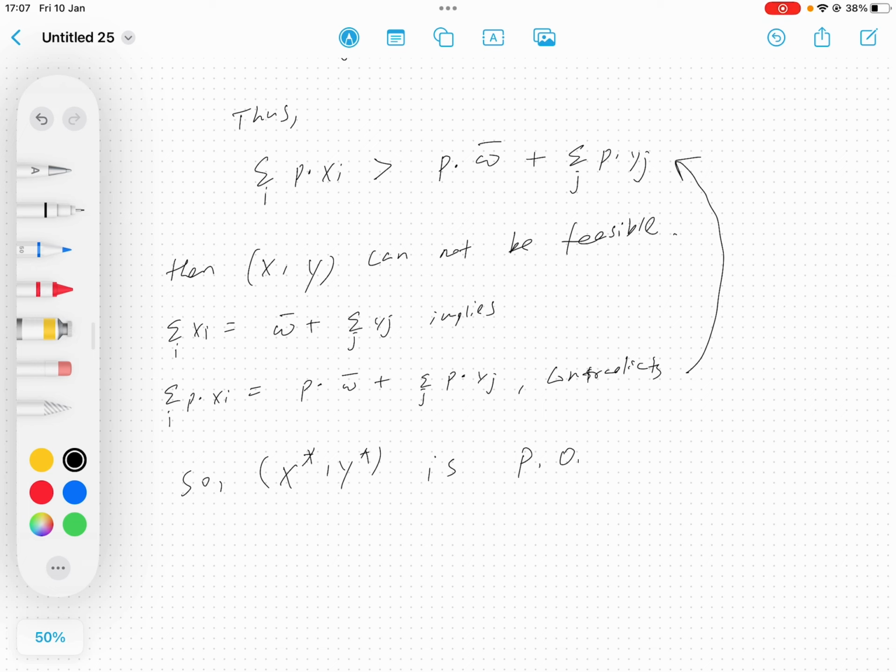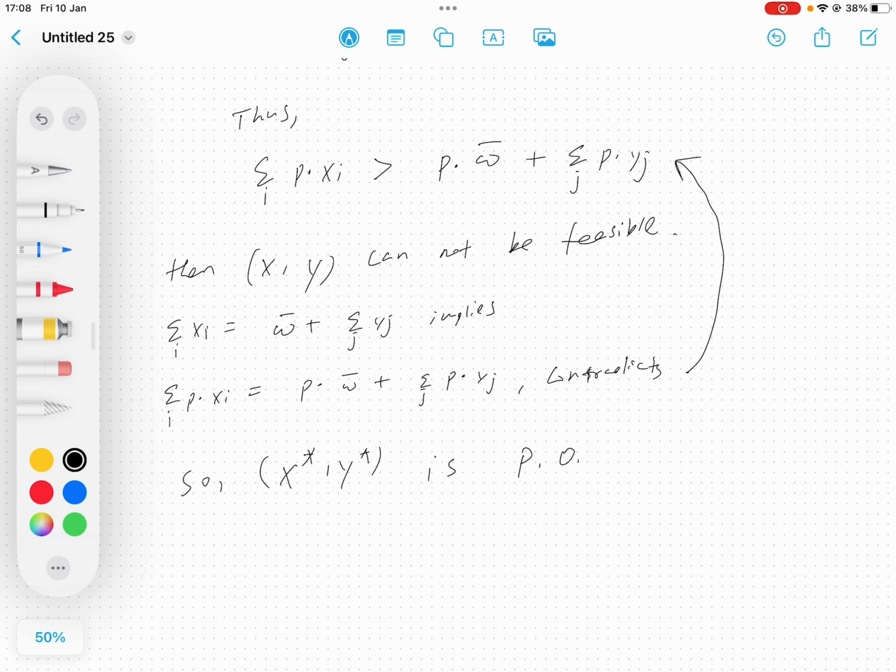And from here we can see that once we're given some Walrasian equilibrium, we're going to know that this allocation x star, y star would be Pareto optimal, okay, and that's guaranteed by this first welfare theorem.